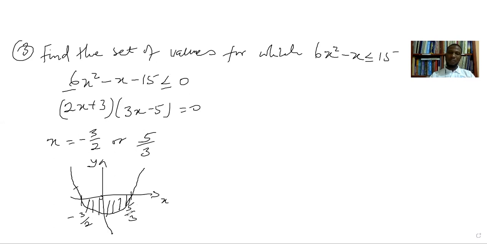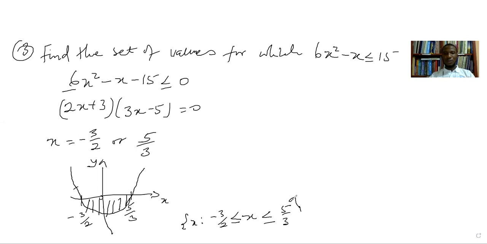That means our x is such that -3/2 is supposed to be less than, but because here we have the bar under, less than or equal to, we just bring the bar under to satisfy that, meaning that it's inclusive. x also less than or equal to 5/3.